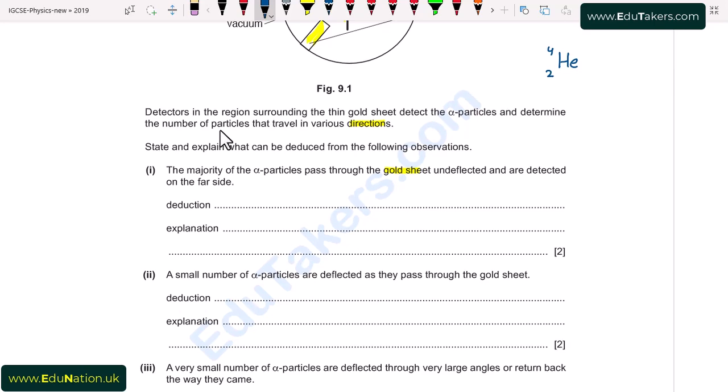I write here nucleus is very small. In the explanation, I write that the majority of alpha particles have experienced no force. Because the size of the nucleus is very small, that's why most of them pass as it is in a straight path.